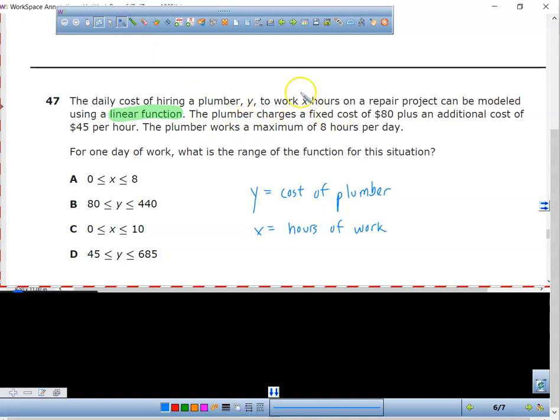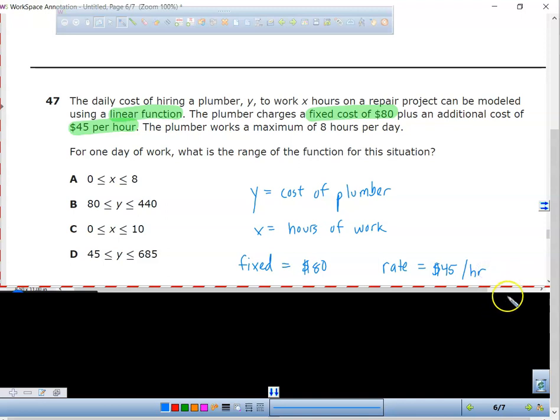The plumber charges a fixed cost. Put fixed cost of 80. So can you guys write the word fixed? Put fixed equals 80 bucks plus an additional cost of $45 per hour. So put the rate of charge equals $45 per hour.